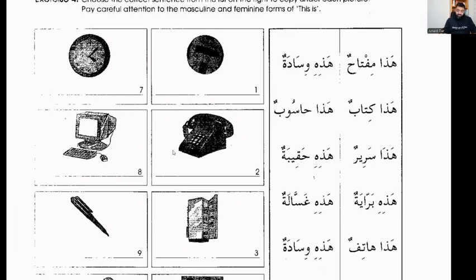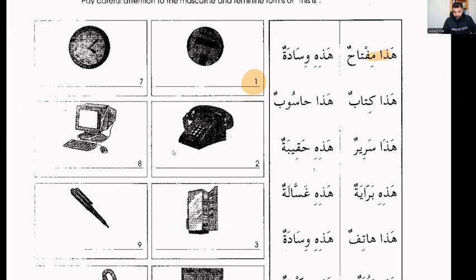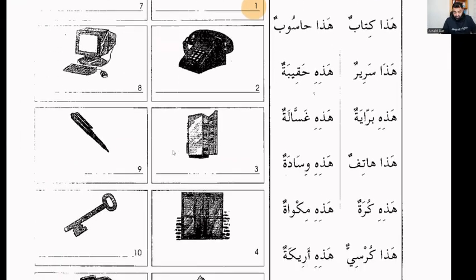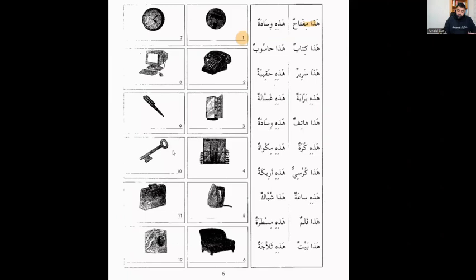Okay, so what you have to do, let's look at number 1. Okay, so this is number 1. Highlight it. Okay, so which of these Arabic sentences is the right one for that box? And I'll just zoom out. Hopefully you can still see it. So pick one of these sentences that suits box number 1.